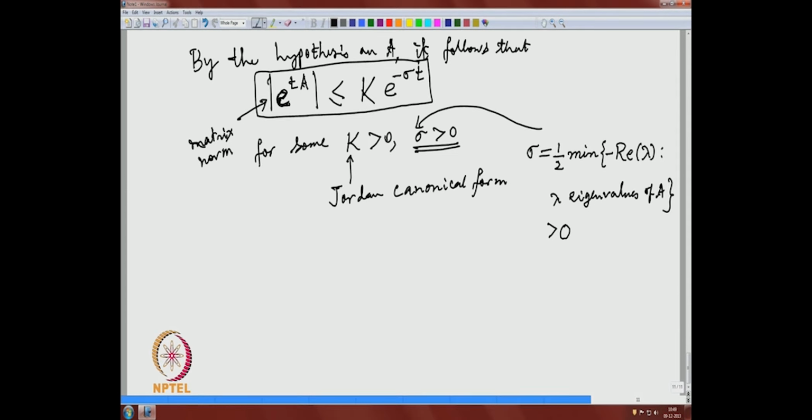Okay. Once we have this, now I invoke the hypothesis on f and want to write it in terms of epsilon and delta.